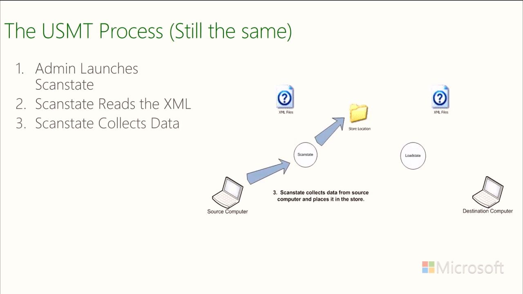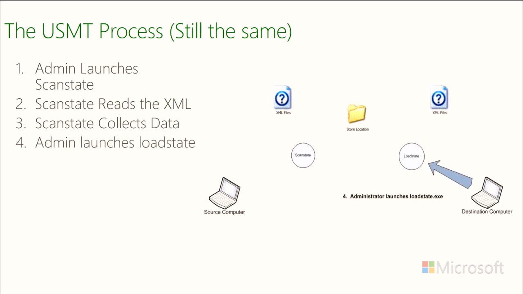It takes that information, collects the data, and stores it in a specific location so that it can be retrieved at whatever time you decide to do the LoadState. So at this point you have a stored location with a set of files that are supposed to be restored on the device itself. And actually it's an encrypted file. Exactly, so no one can open it up on the share or wherever you happen to load it to.